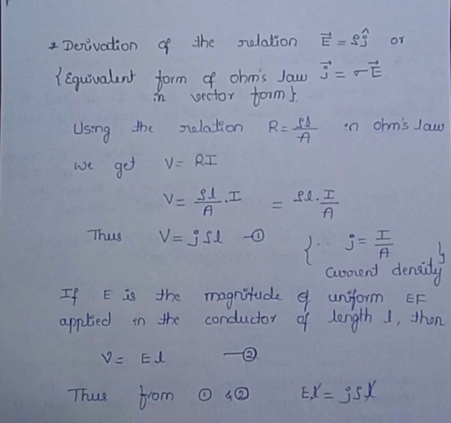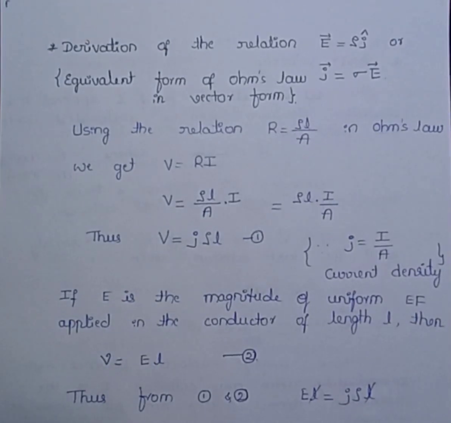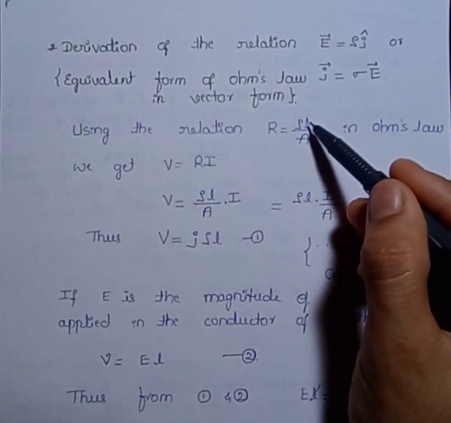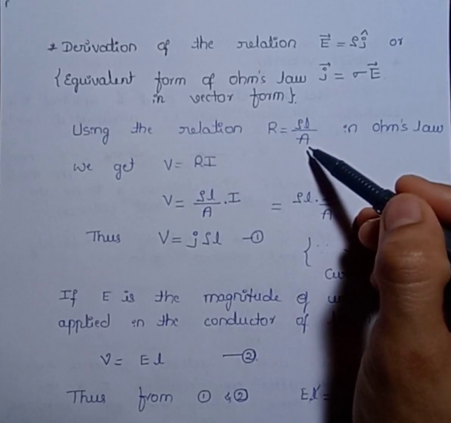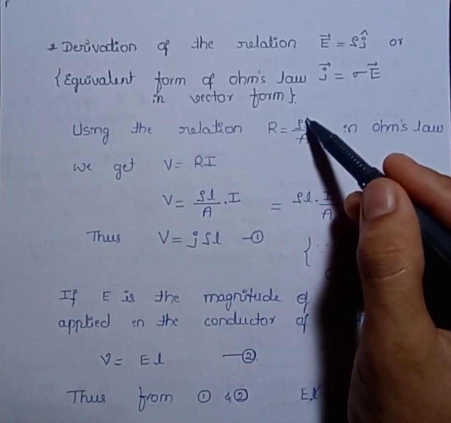Let us see the derivation of the relation E is equal to rho into J, or the equivalent form of Ohm's law in vector form, that is J is equal to sigma into E. Resistance of a conductor depends on L, the length of the conductor, the area of cross section A, and rho.